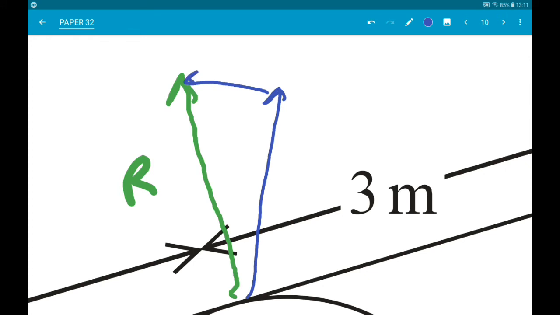Now, the angle at the bottom is theta. So, the vertical component is r cos theta, and the horizontal component is r sine theta.